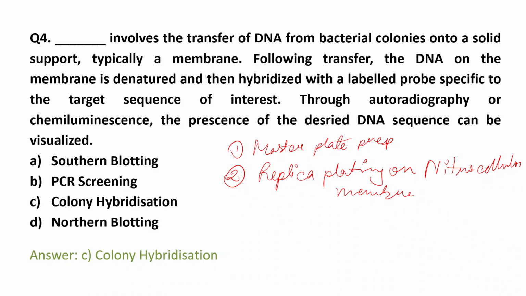The nitrocellulose filter is basically pressed onto the master plate to transfer the bacterial colonies onto the membrane, so it will create a replica of the original plate. Then you will go for cell lysis and DNA denaturation.